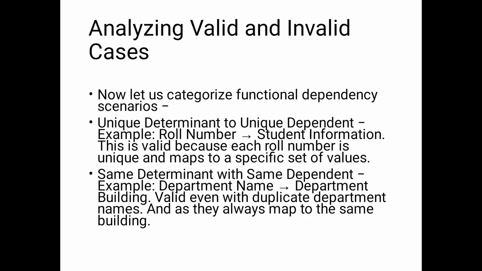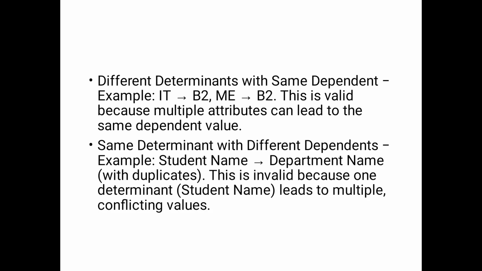Next, different determinant with same dependent. For example, IT implies B2, ME implies B2. This is valid because multiple attributes can lead to the same dependent value.